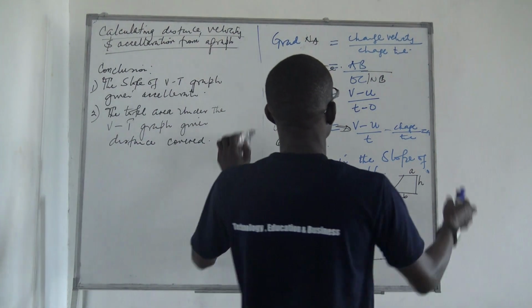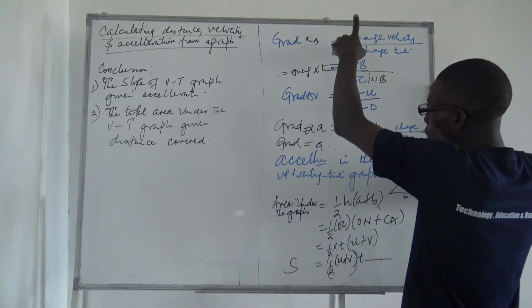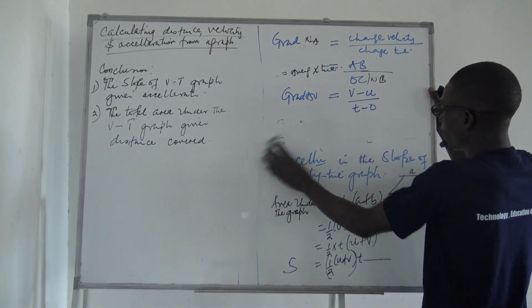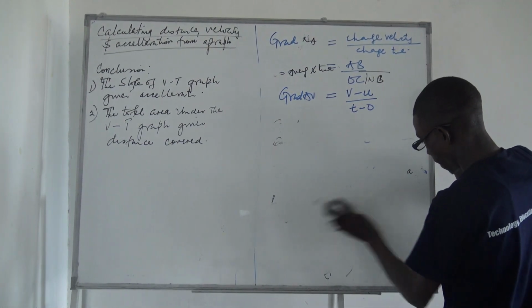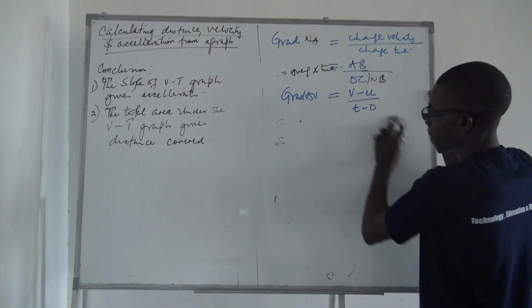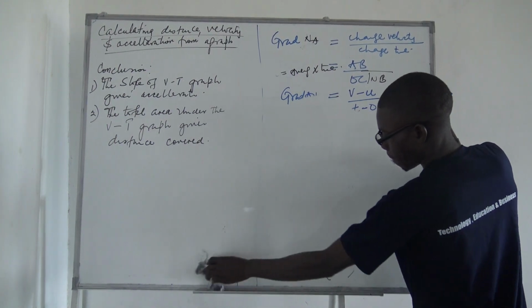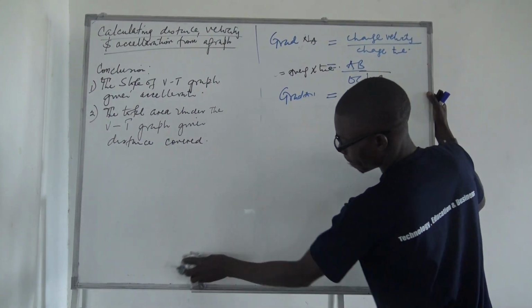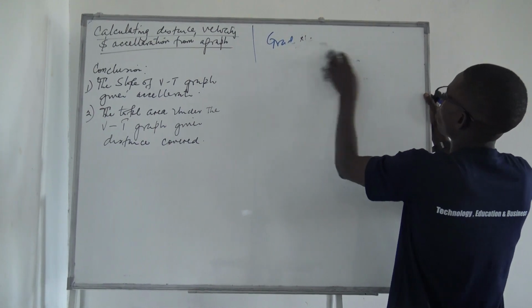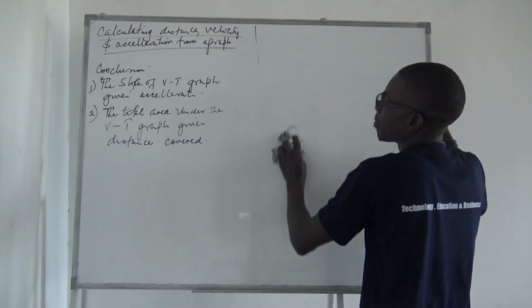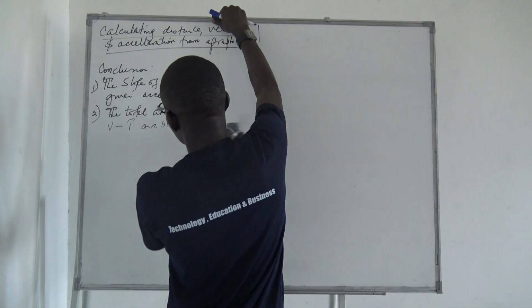Those are the main things to understand from what we have been deriving. Let's look at an example.